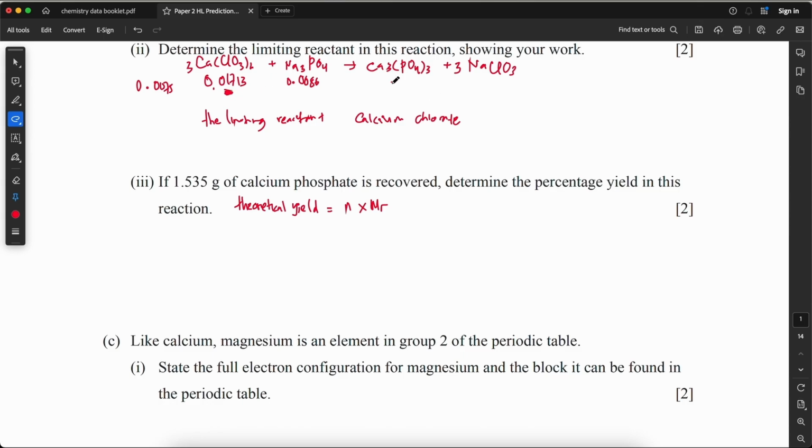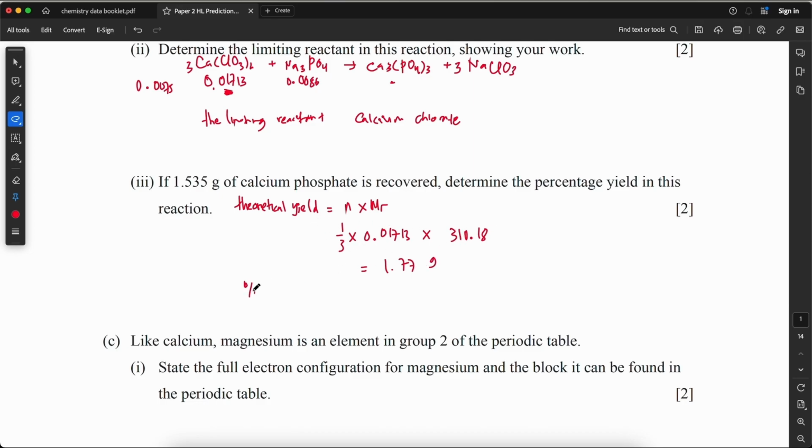So to find the mole here, we need to refer to the limiting reactant, which is 1/3 times 0.01713 times molecular mass of calcium phosphate, which is 310.18. That would be 1.77 gram. This is for the theoretical yield.